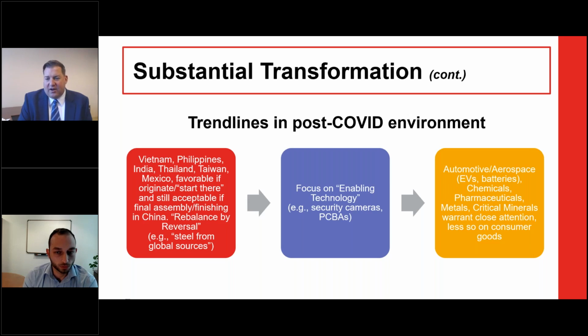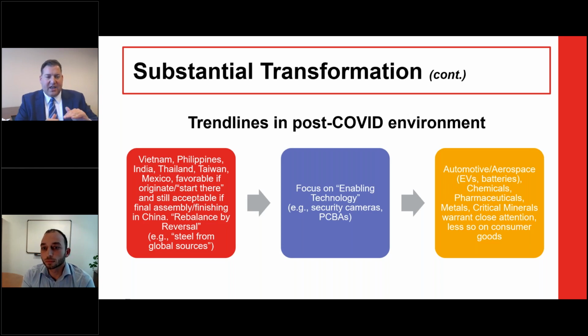And look, where there is heightened scrutiny: anything in automotive, aerospace, electric vehicles, batteries, as Kerem mentioned, chemicals, pharmaceuticals, in particular metals, critical minerals.